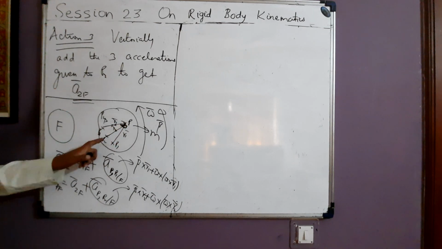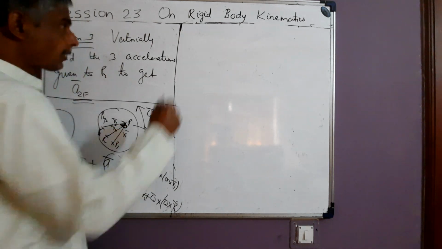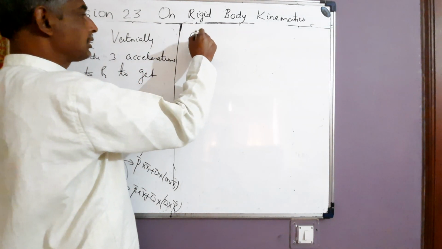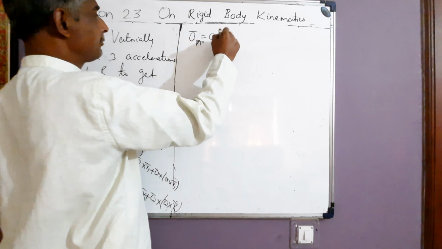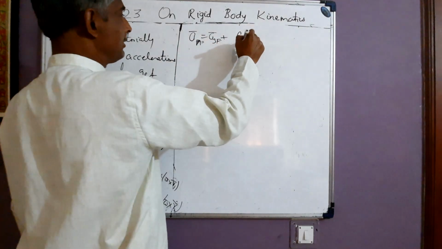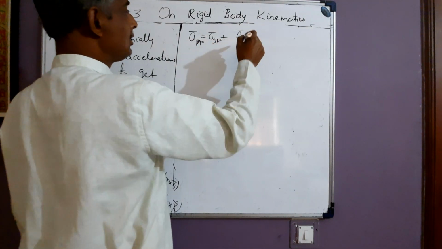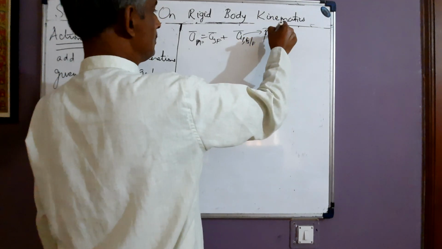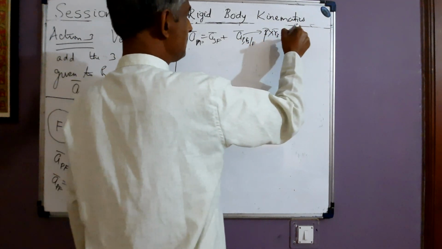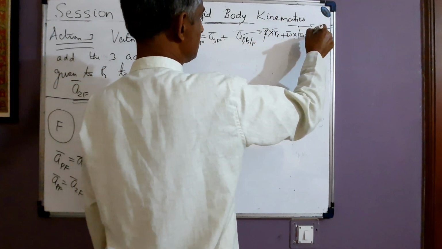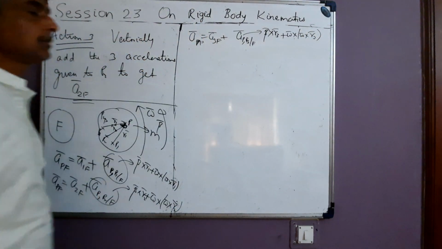Similarly, write APF in terms of A3F. APF is equal to A3F plus APP3F. This quantity means what? Beta cross R3 plus omega cross omega cross R3 in this way.